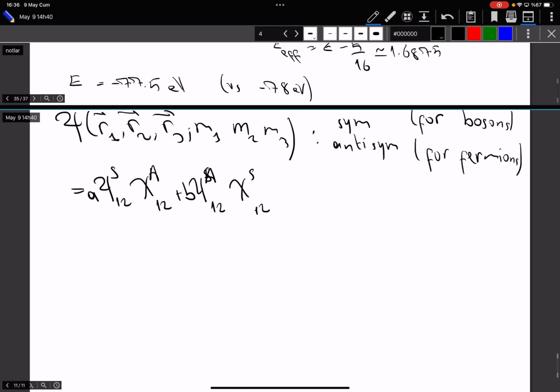Now, one thing to write down completely anti-symmetric wave functions is so-called the Slater determinant. So let me mention that one also.